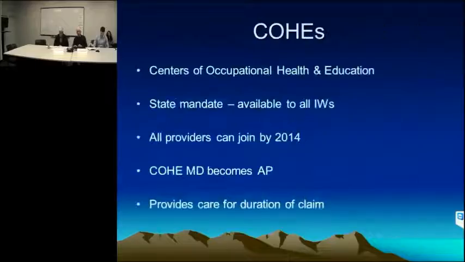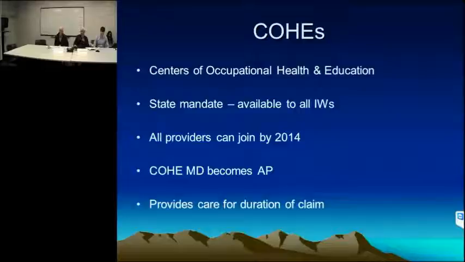I did want to mention, just in terms of your interactions with the workers' comp system, that there is help along the way, and the Department of Labor and Industries has been working proactively on what are called Centers for Occupational Health and Education. In Washington State, and I must say I've not looked at this in the last year or two, the state mandated that this be available to all injured workers, and the startup time was supposed to be 2014.